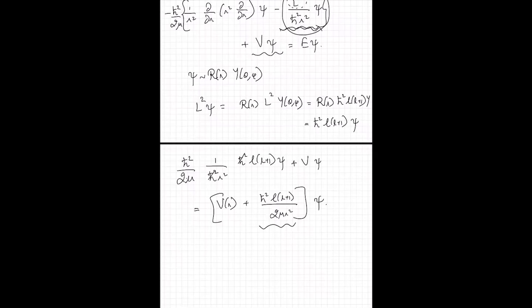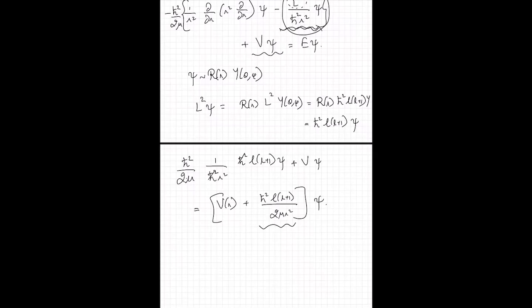And since this part has no mention about angles and has no differentials, I can as well club it along with the potential piece, because it is just a function of distance alone. So that's why we club this piece and the potential piece together to write down what is called an effective potential. That is where it comes from. This 1 over r square piece actually comes from the angular part of the kinetic energy operator.